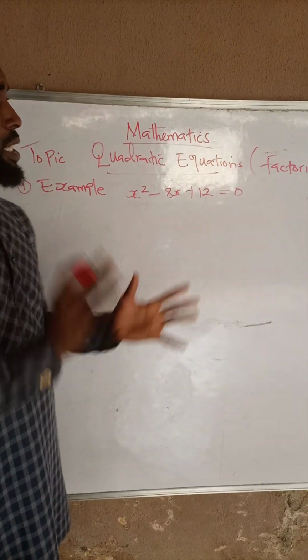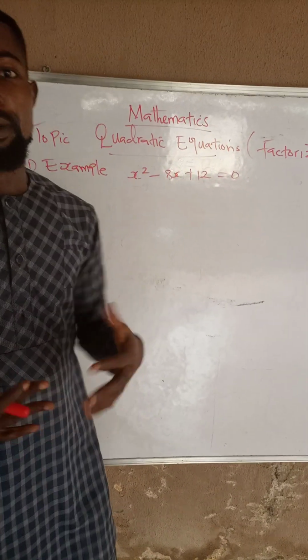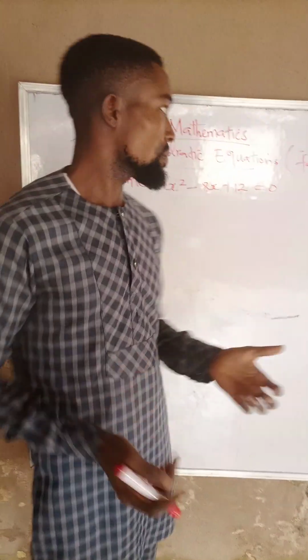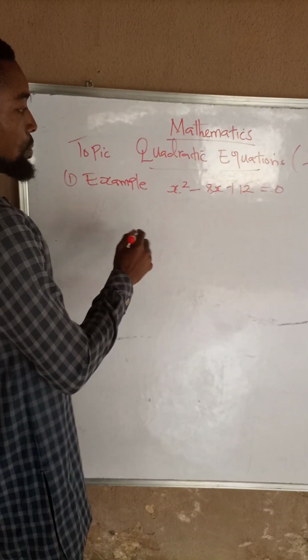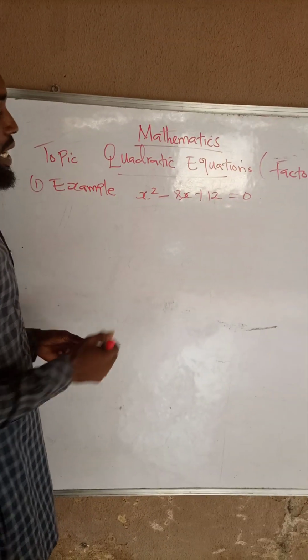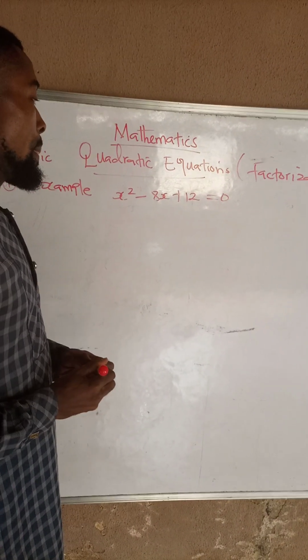The second one is completing the square method, and the third is using quadratic formula. I'm going to write the formula out for us. We're starting with this first example, x squared minus 8x plus 12 equals 0.